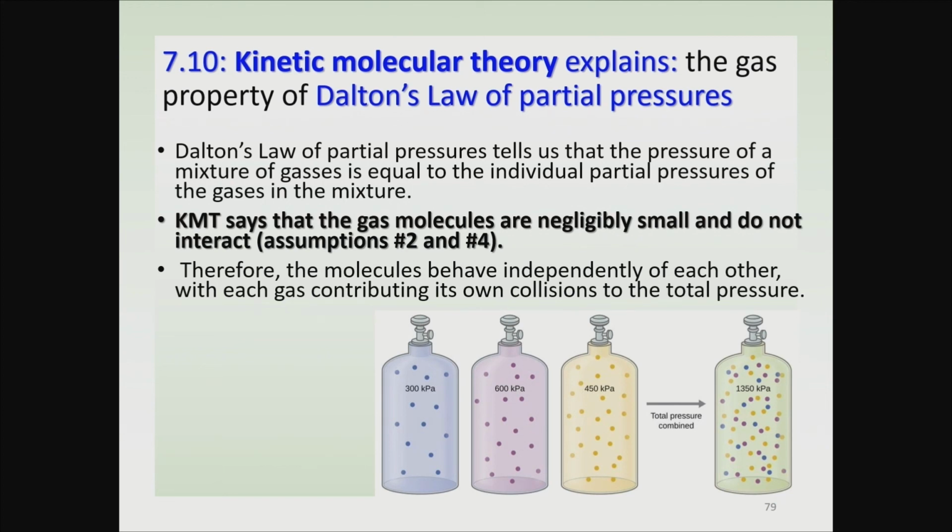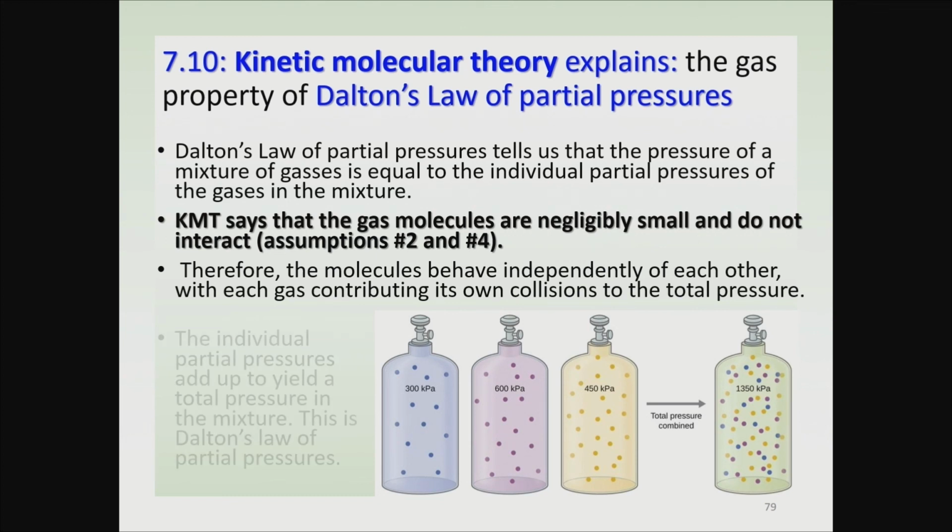Now, one of the assumptions that KMT makes is that there are no attractive or repulsive forces between the molecules of a gas. And so from this, we can make a prediction. This prediction would be that when you add gases together in the same volume, because the gas molecules are not interacting with one another, you should be able to simply add the pressures together to find the total pressure of the gas.